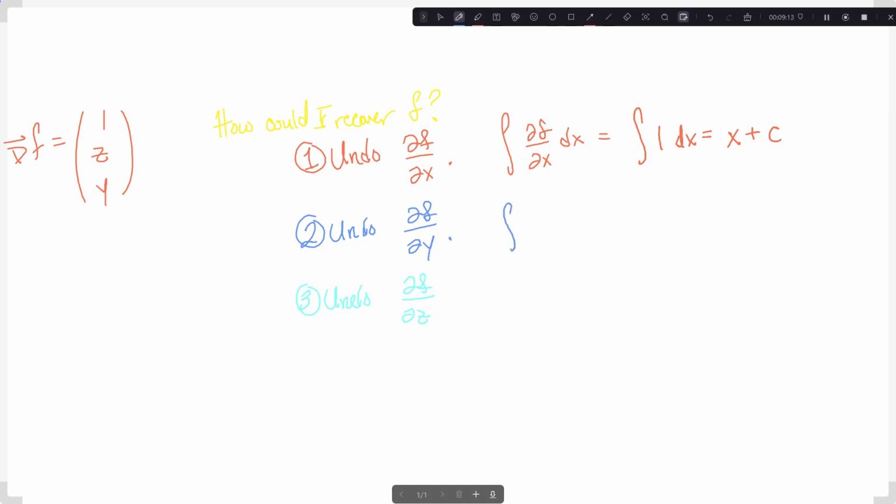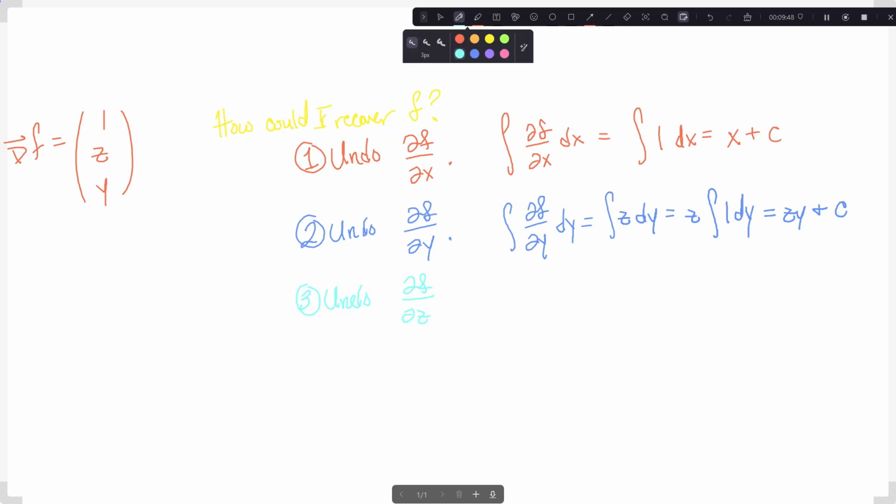If I undo partial f partial y, I must integrate with respect to y. And the partial derivative was z there. z doesn't care about y. This is really the integral of 1 with respect to y, and z just sits along for the ride. This gives me zy plus c.